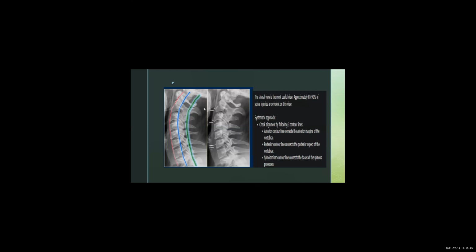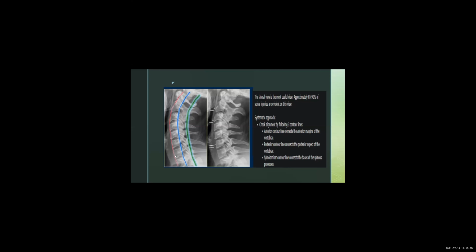I like this picture because it has these little three lines, and it's the way we're taught to read or interpret these X-rays of the spine. It's this three-column thing, which I like. Basically, this is one column, this red line, this blue line is another column, and this third line is another column. It's a three-column approach, as they call it.